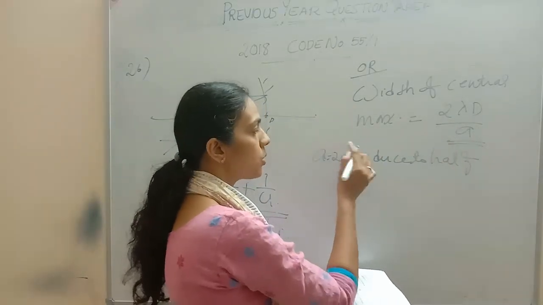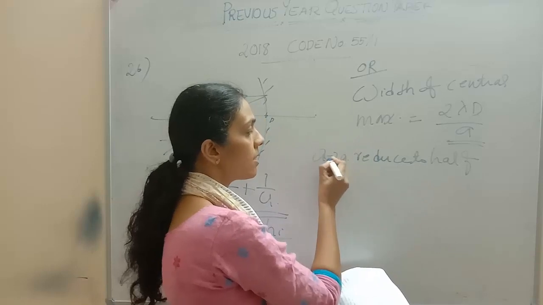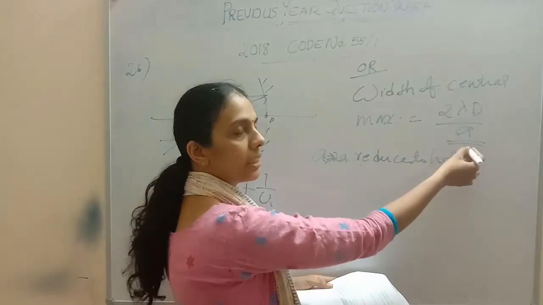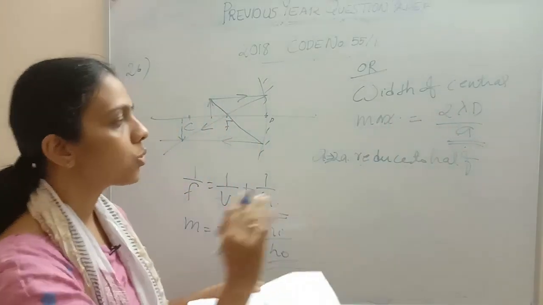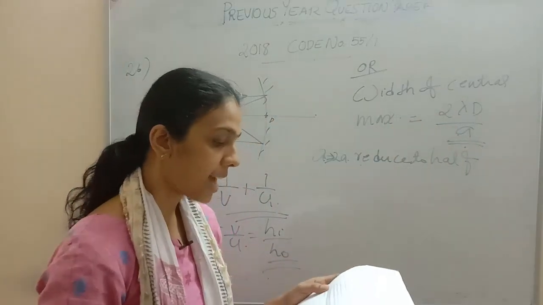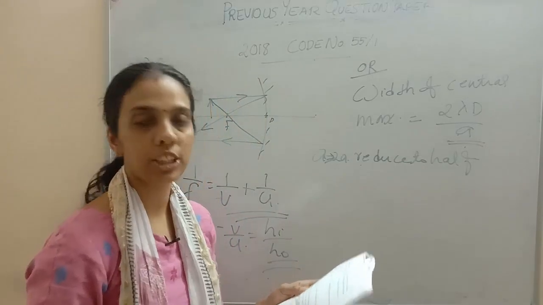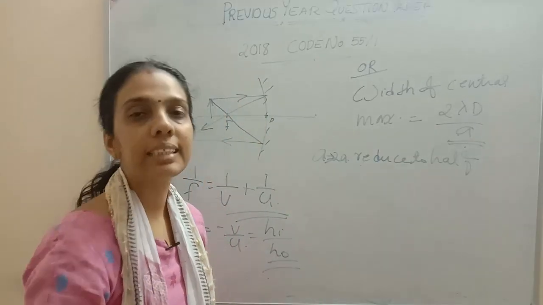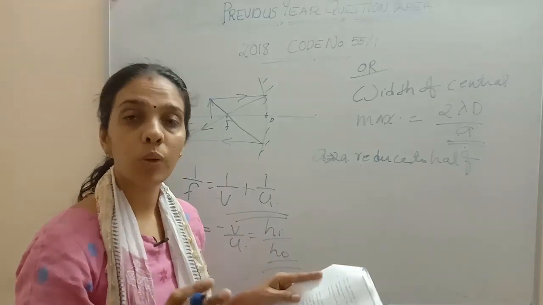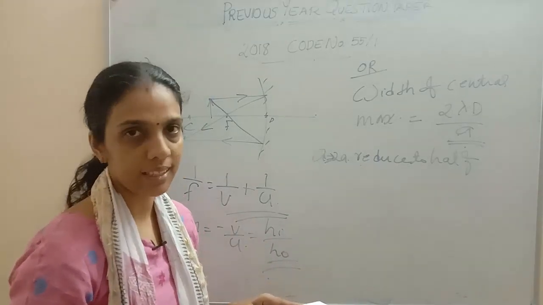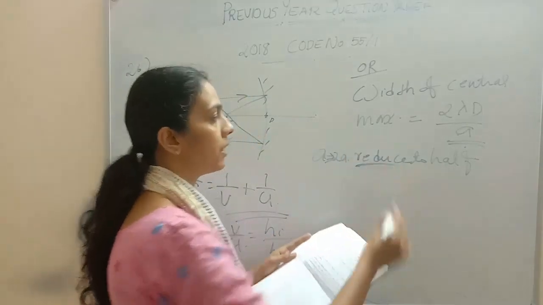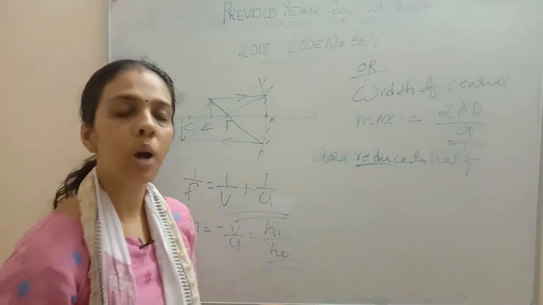Lambda d divided by a will become half, right? So it will reduce to half, and the intensity of the central diffraction band, what will happen? The intensity will be increasing. If the width is increasing, the intensity will be increasing, but its size will be reducing to half.